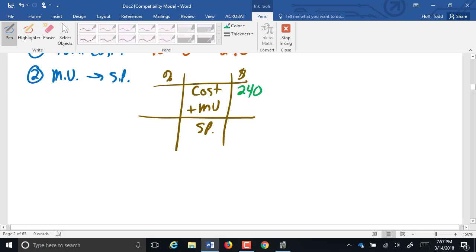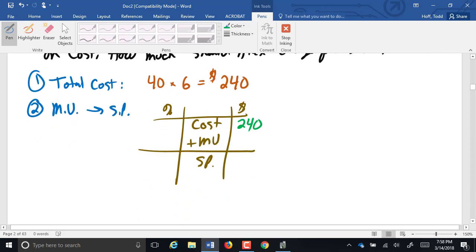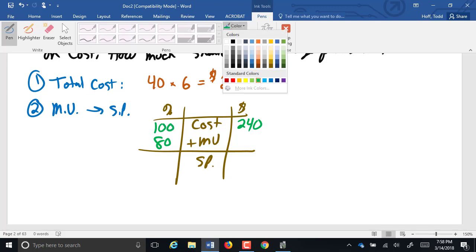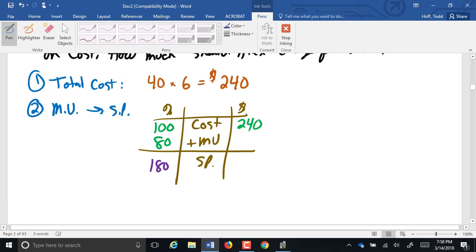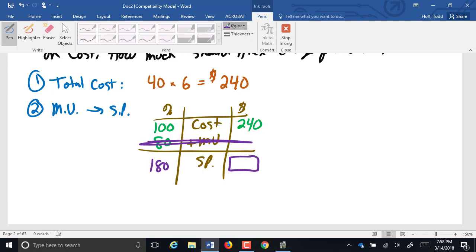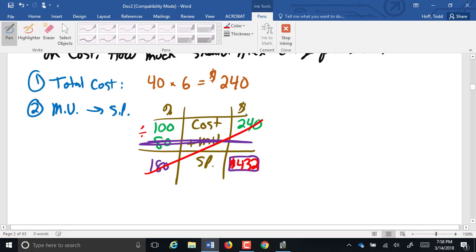We had a markup of 80% on cost. 80% is our markup. It's on cost, so 100 goes with the cost. 180 is the selling price. We're looking for that number. 180 times 240 divided by 100 is $432. That is our total required selling price.